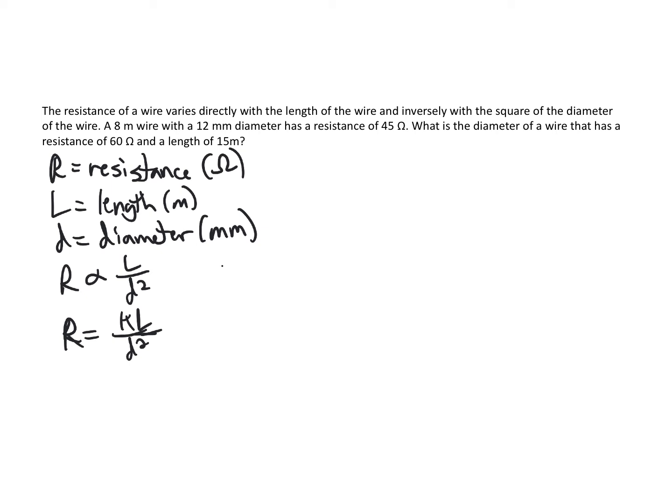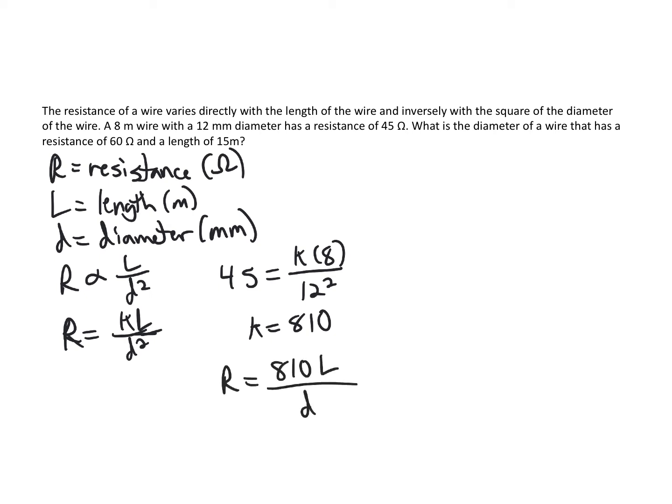Now we can plug in the first set of numbers to figure out K. So we have 45 equals K times 8 over 12 squared. You'll end up with K equal to 810. So R equals 810 L over D squared is our formula. And then we can use that for the last example where we need to figure out the diameter.